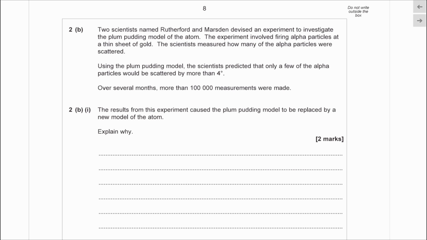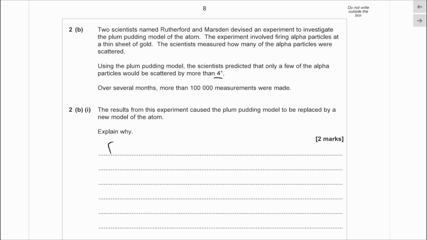The results from this experiment caused the plum pudding model to be replaced by a new model of the atom. Now it says explain why. The first thing to note is that they predicted only a few would be scattered more than 4 degrees. In reality, lots of them were scattered by more than 4 degrees.